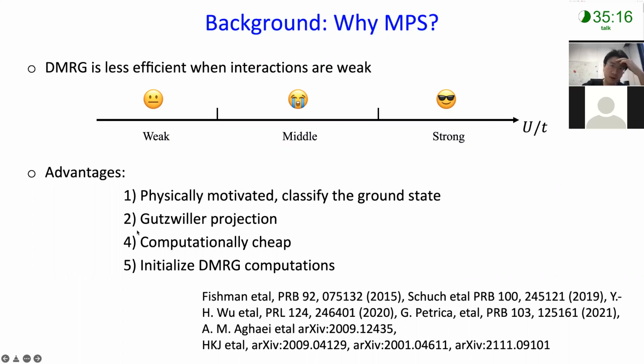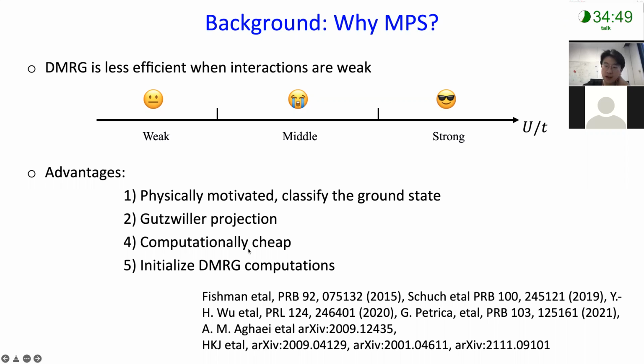And once we consider the Gutzwiller projection, you will find this approach is very cheap. The usual method to handle Gutzwiller wave functions is variational Monte Carlo, so you have to calculate some determinant or Pfaffian to impose the Gutzwiller projection. But here we have an MPS representation, so we can just easily remove some local degrees of freedom of each local tensor. And then some physical observables like entanglement entropy can be easily computed.